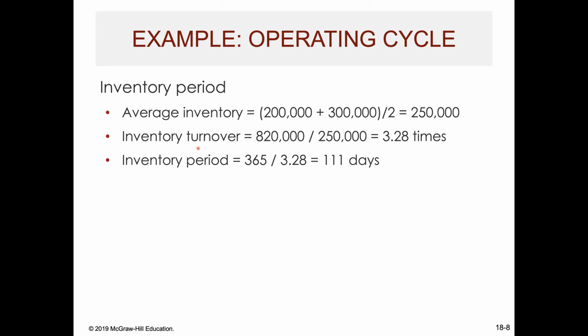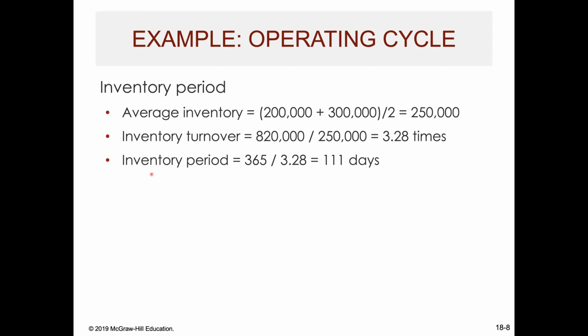It's 820,000 divided by our average inventory. So our inventory turns over about 3.28 times. Whether that's good or bad really depends on the company and the industry, but this is what it is. 3.28 times we'll turn over the inventory, meaning we'll use it up 3.28 times over the course of the year.